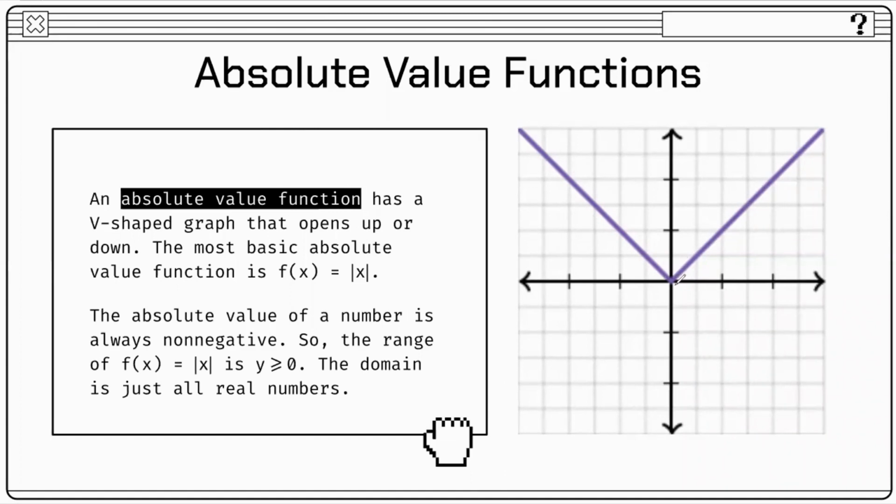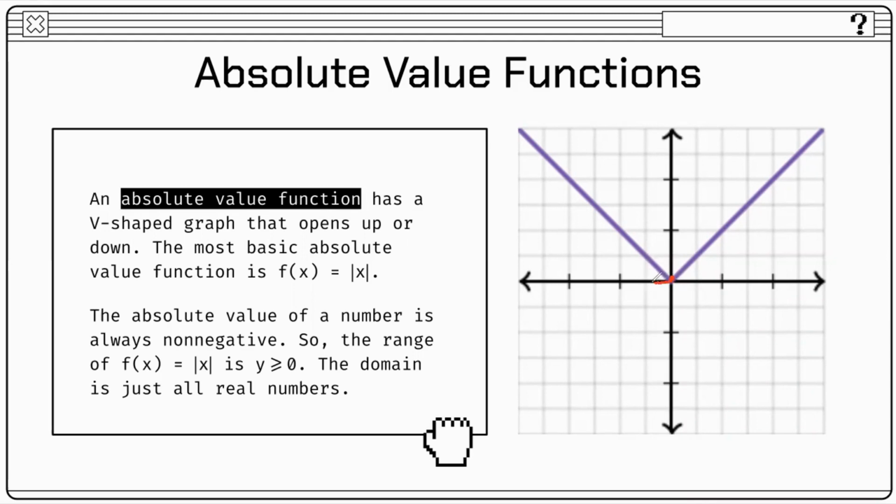And what I recommend is you try and remember just the general ordered pairs for your most basic absolute value function, which again is this right here. So your vertex is always going to be at 0, 0 for your most basic absolute value function. And then since it is symmetrical, however many units you go left or right from the vertex, you're going to have the same units going up.